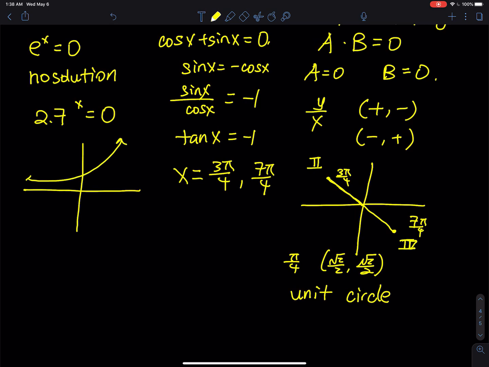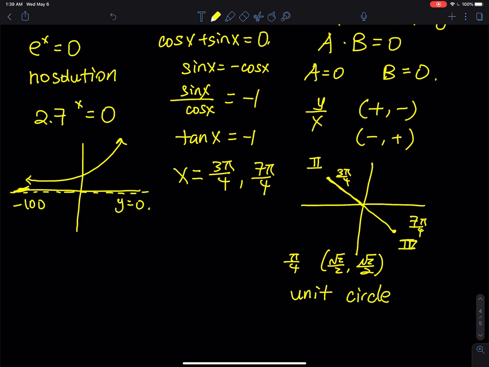It is an exponential function, and there is a horizontal asymptote at y equals 0. That means it doesn't matter what x you pick, even a negative like negative 100, you will never get y equals 0, because as x moves to negative infinity, the function approaches 0 but never equals 0.